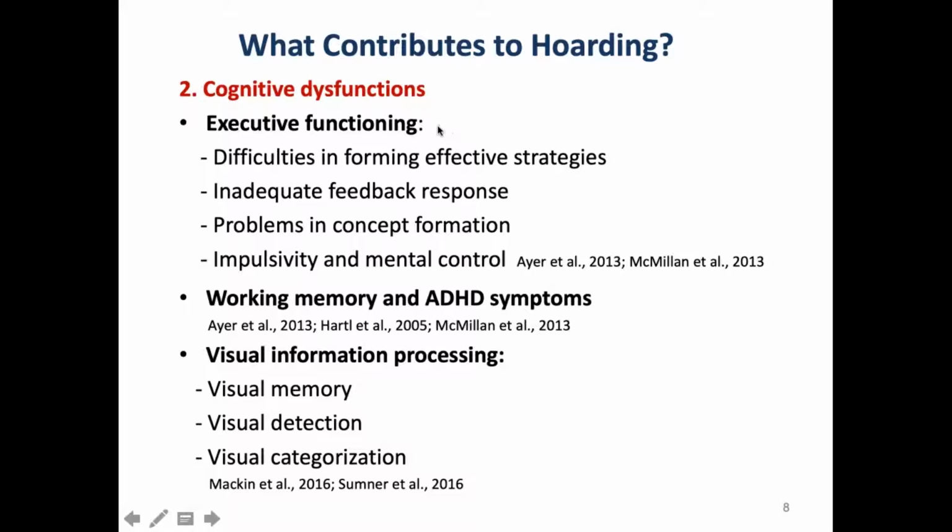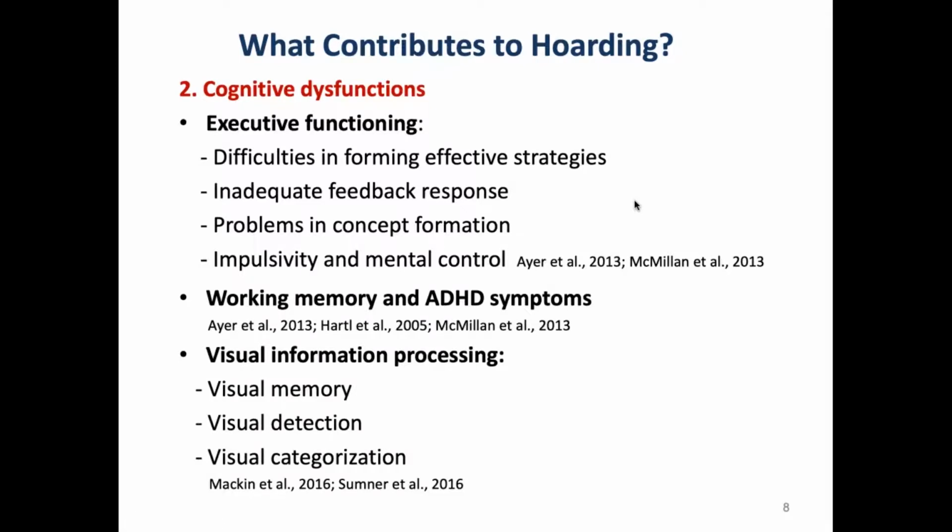The first type of cognitive dysfunction is executive functioning. These include difficulties in forming effective strategies. As you can imagine, if you have a lot of stuff and you need to make decisions about what to keep and what not to keep, there are some strategies, or many strategies, that you would need to have. For example, you need strategies to categorize things.